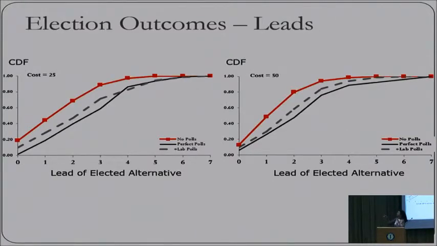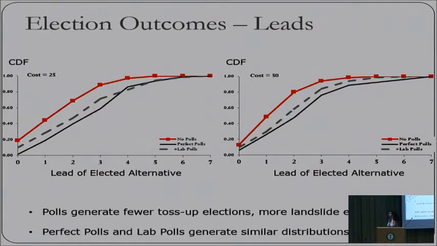All right, so first of all, recall that the theory suggests that when you give people more information in the form of polls, you should expect toss-up elections. You should expect much closer elections. So this is the cumulative distribution function of the lead of the elected candidate. And what you see here is that in fact the polls do not lead to more toss-up elections.